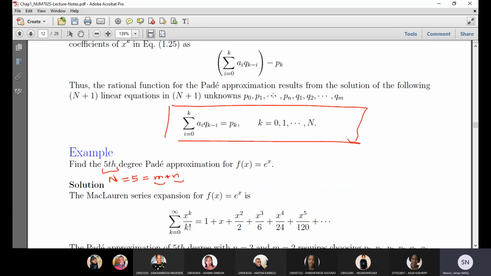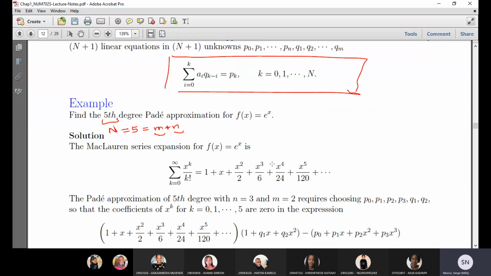Why? Because in this system, I need to know A sub i, where i runs from 0 to capital N, which is 5. So in your Maclaurin expansion, you don't need to know all the coefficients, only the number of coefficients corresponding to the degree of your Rx.